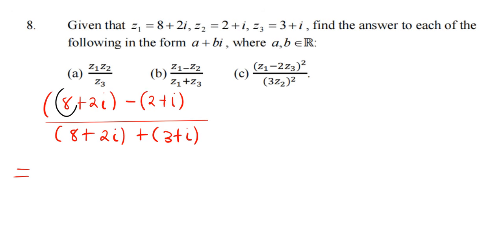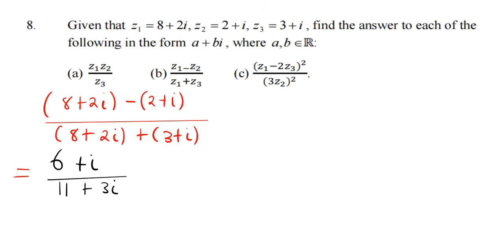We've got 8 minus 2, that will give us 6. Then 2i minus i, that will just give us i. So we're going to have plus i, over, and we come down as well, we're supposed to do the same. 8 plus 3, that will give us 11. Then 2i plus i, that will give us plus 3i.